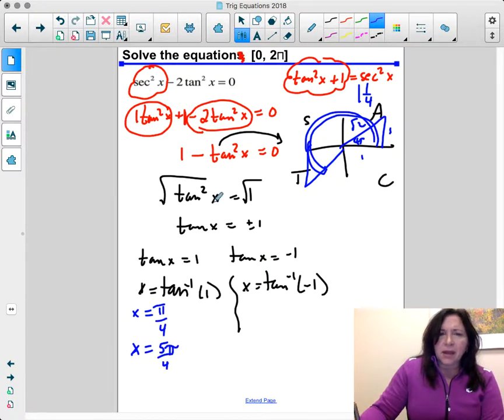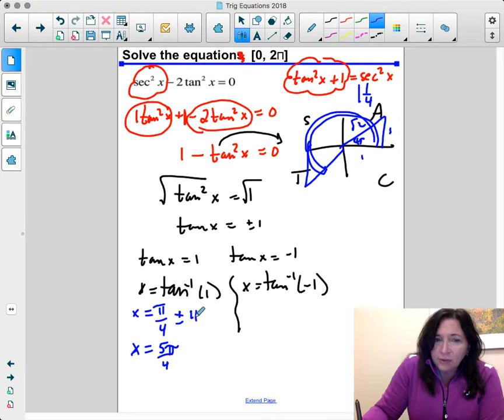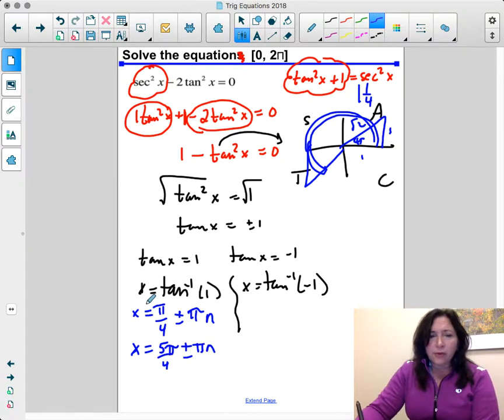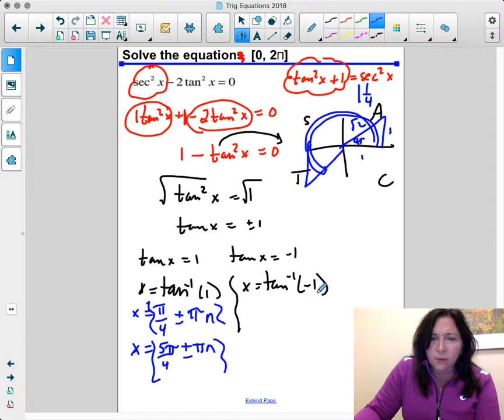Please keep in mind that this is tangent, and tangent's period is not 2 pi. So when I add or subtract 2 pi n, that's not accurate. You're going to add or subtract pi n. Okay, so far I got 2 answers. Now I'm going to get the other 2 answers by finding out where tangent is negative 1.